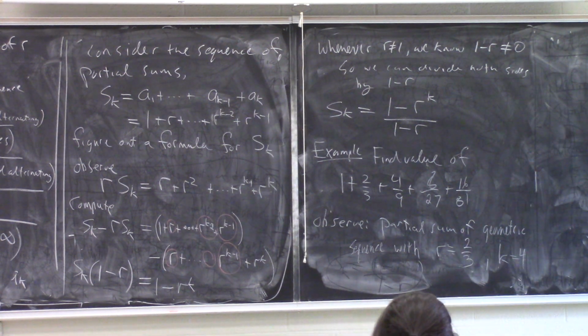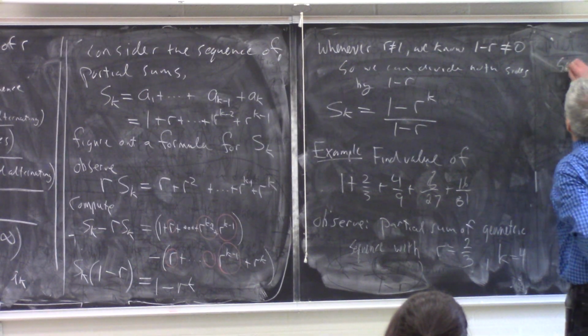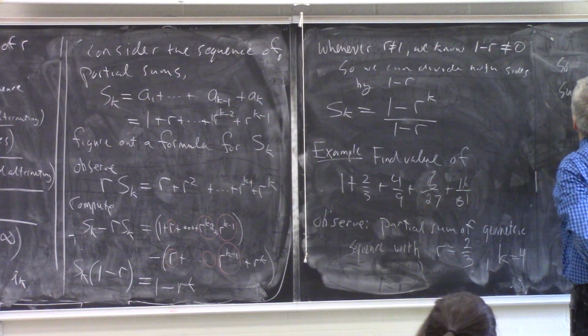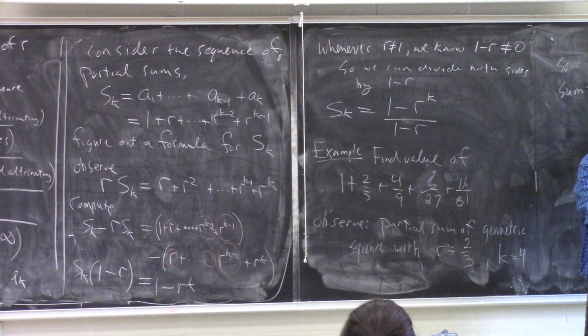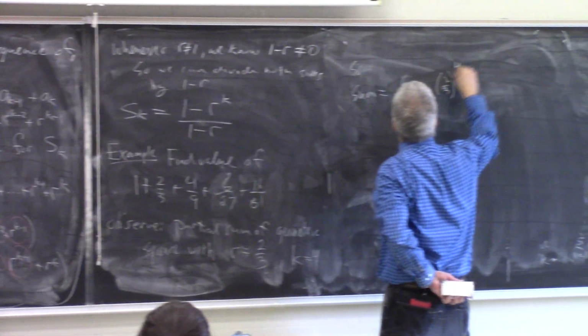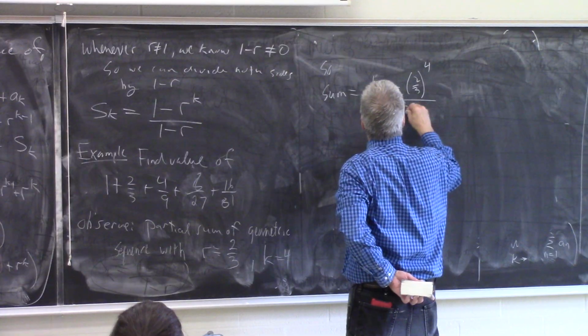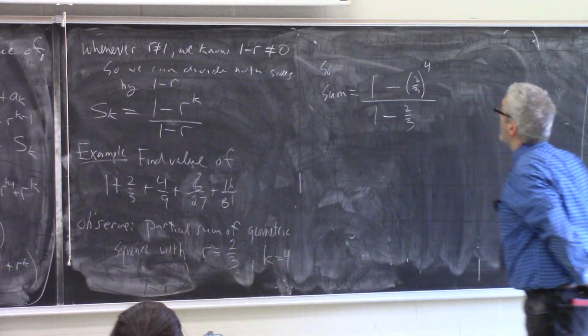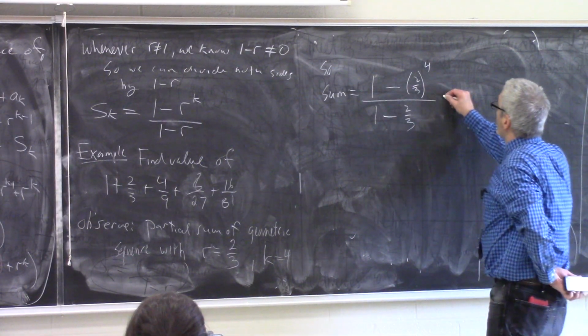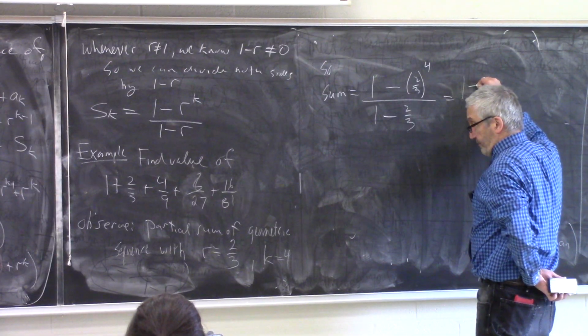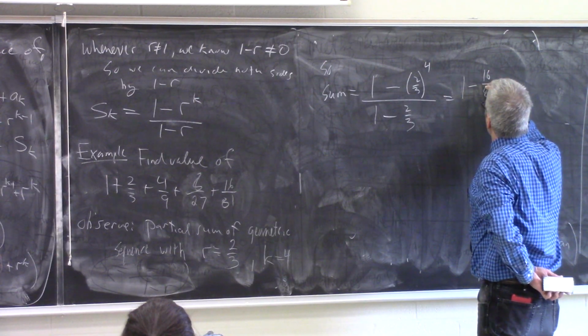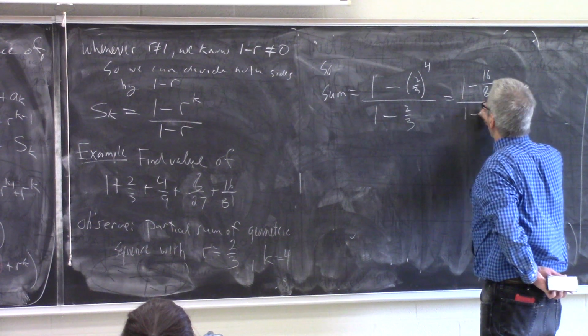So that sum would be 1 minus r to the k, so it's going to be 1 minus (2/3) to the 4th divided by 1 minus 2/3. So that would be 1 minus 16 over 81 divided by 1 minus 2/3.